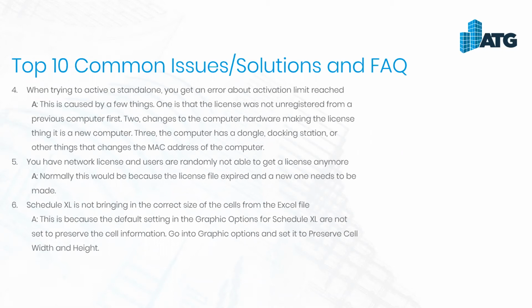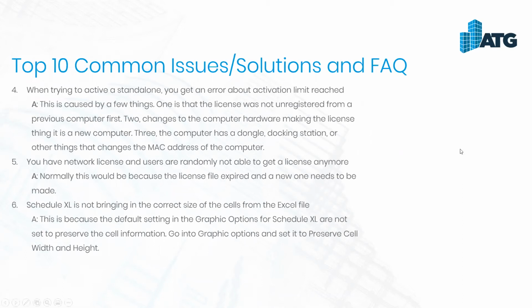Now, the other one about randomly not being able to get a license anymore: some of the other causes are that they did get a new license file, they did put it on the server, however, it doesn't show up in the portal. One cause we found is the client is using other software that uses the same licensing engine that the CTC tool does.